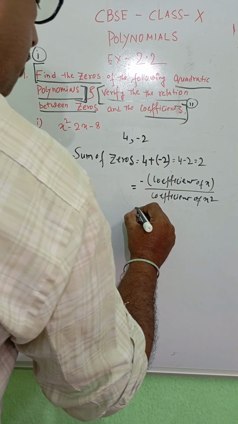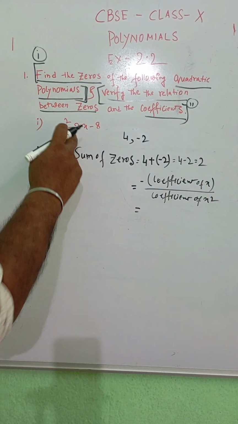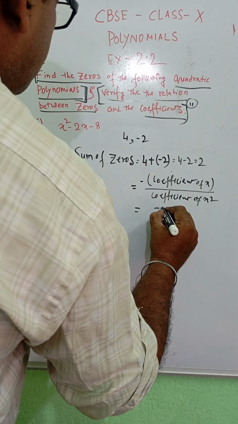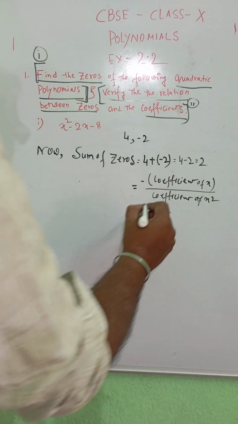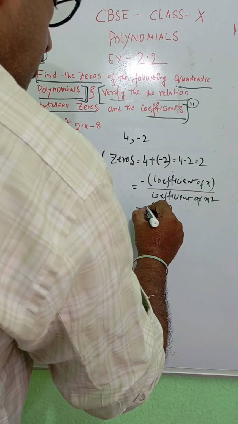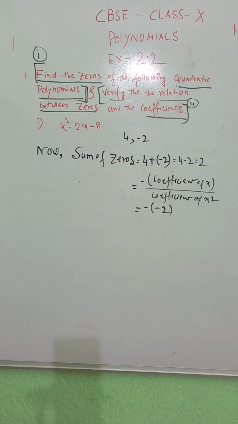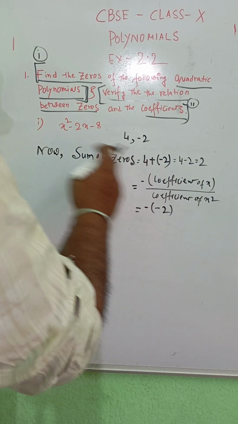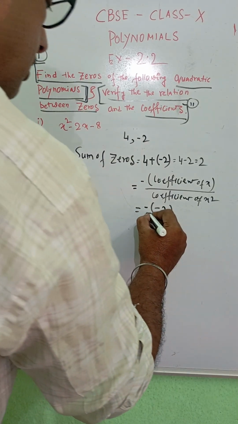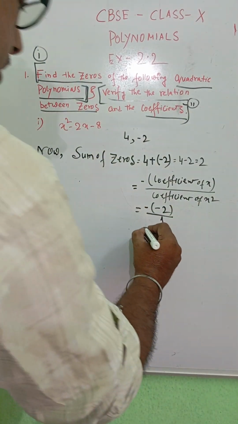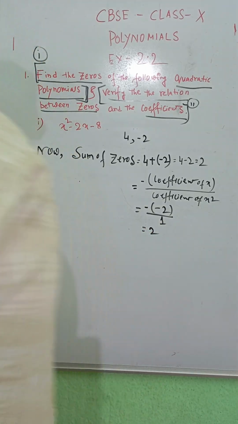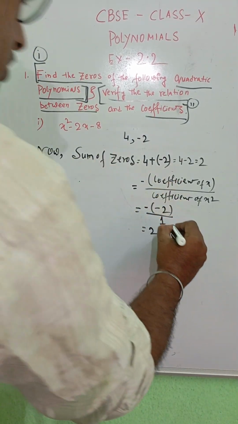Now what is the coefficient of x? It is minus 2. What is the coefficient of x square? That is 1. So it is 2.